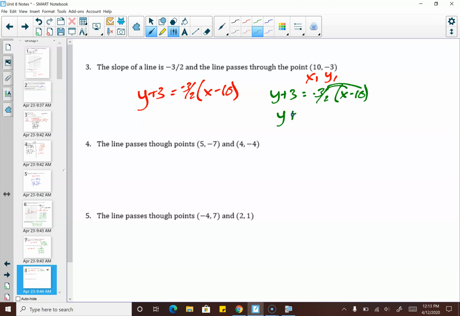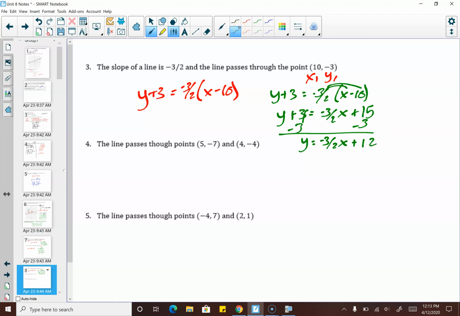So y plus 3 equals -3/2 x. And then -3/2 times -10 is a positive 15. All right, again, you can just use your calculator for that. So minus 3, and you get y equals -3/2 x, and then plus 12. 15 minus 3 is 12.